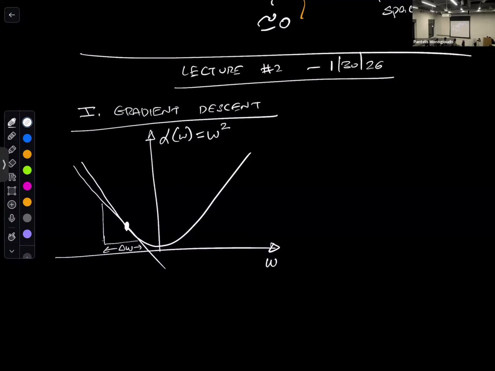If I wiggle W by a little, how much will this function change? That ratio has to do with the slope of the tangent that I drew. This is used to define the derivative of the function with respect to W.